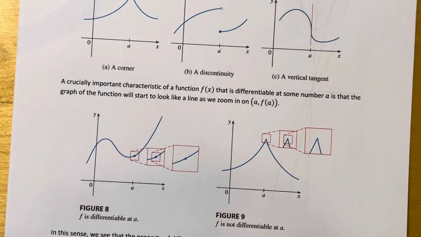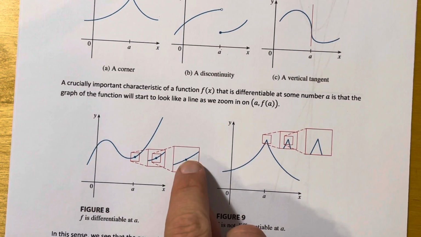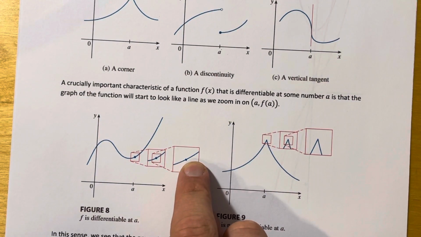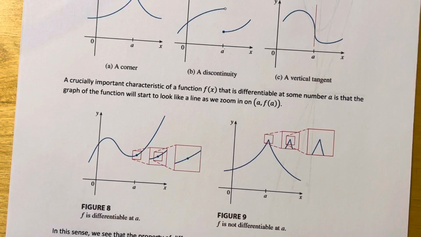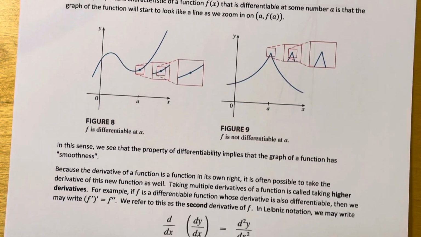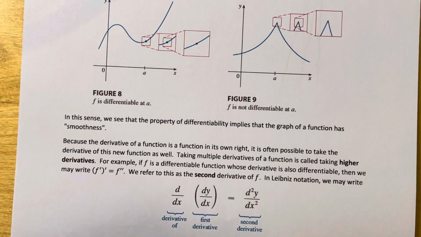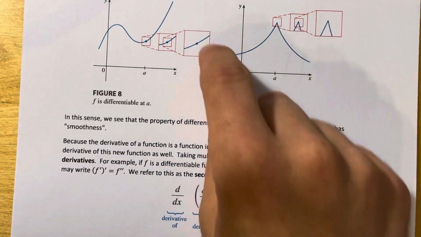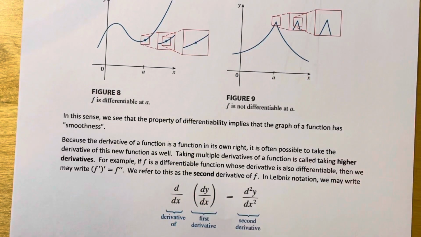A way we describe that is we say that they are locally linear, meaning if you get close enough to a point at which a function is differentiable, it can be approximated by a line, specifically its tangent line. Another descriptive term we use sometimes is smoothness. We say that this function is smooth here. So differentiability implies a kind of smoothness.